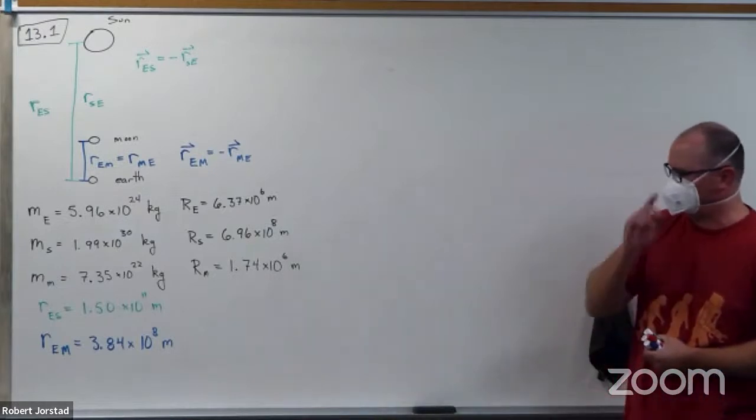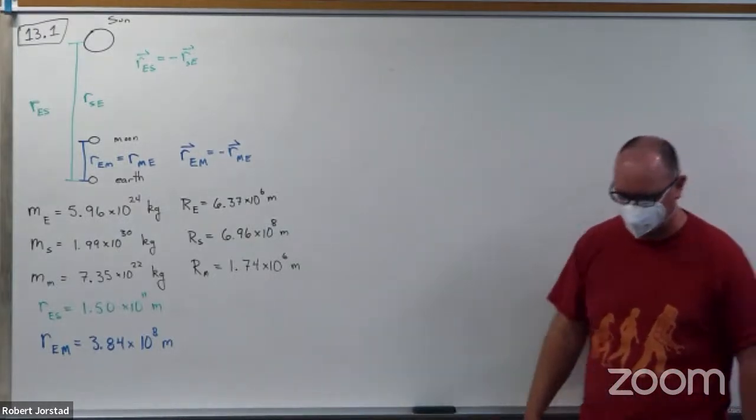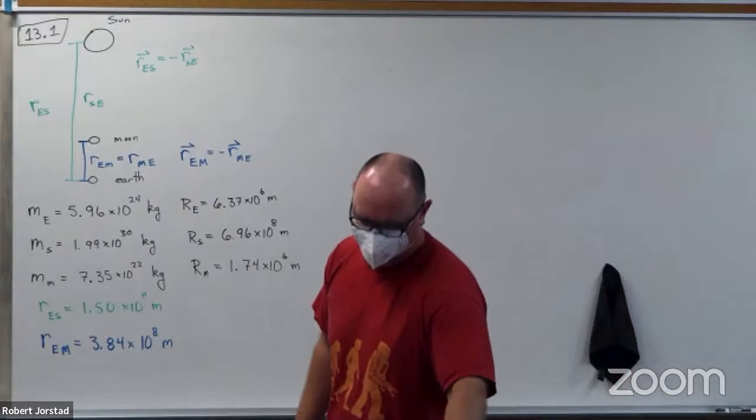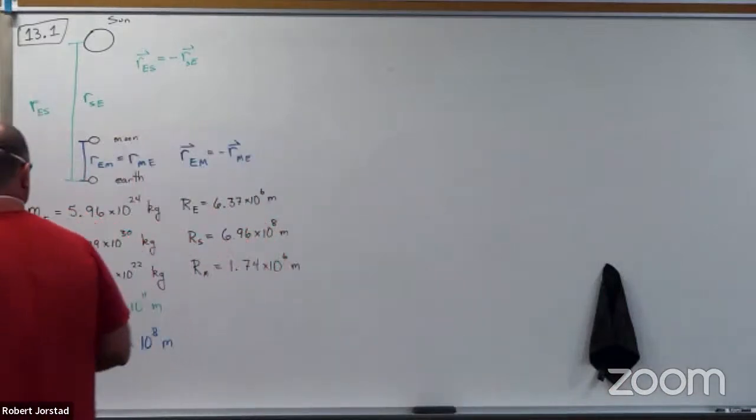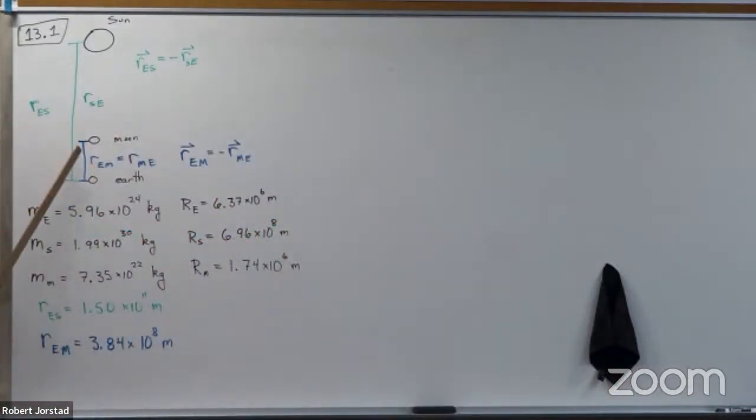Maybe before we start punching in numbers, let's look at the following. This is not to scale. I know you're shocked that the Earth and Moon aren't an inch away from each other and the sun just 3 inches. But in this case, let's take a second to look at these numbers. This distance here is 10 to the 11th meters.